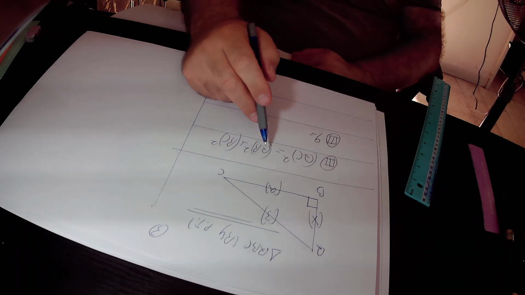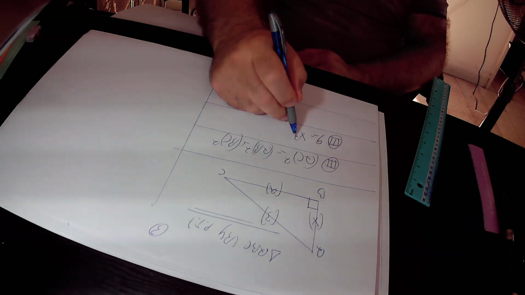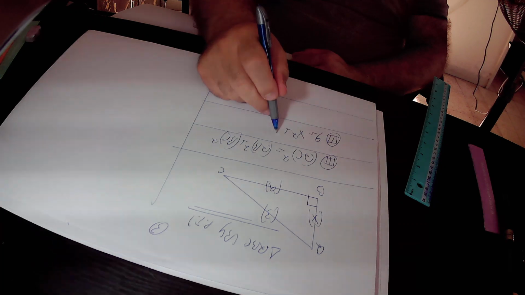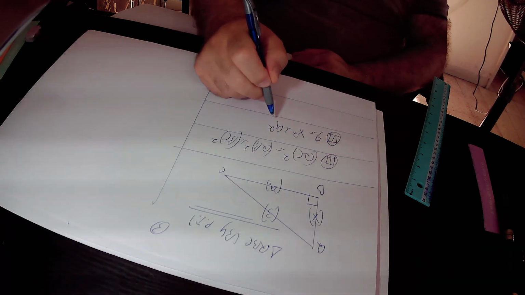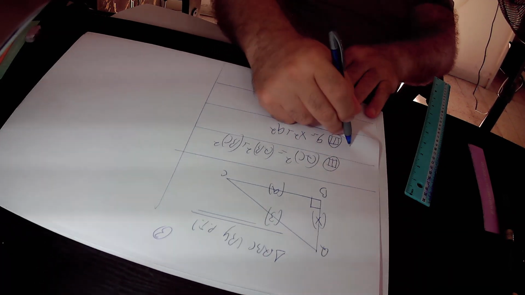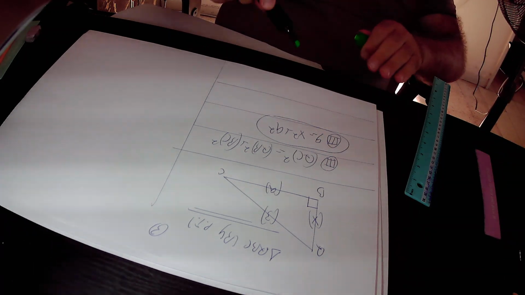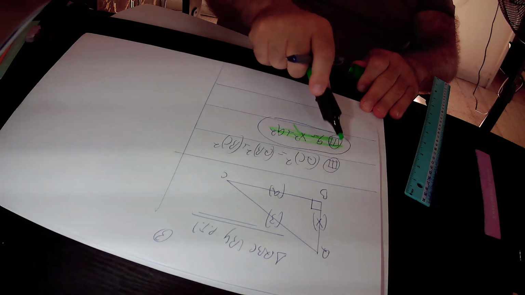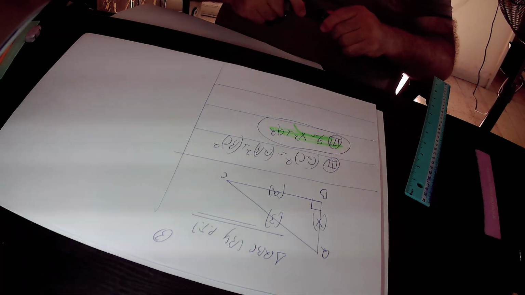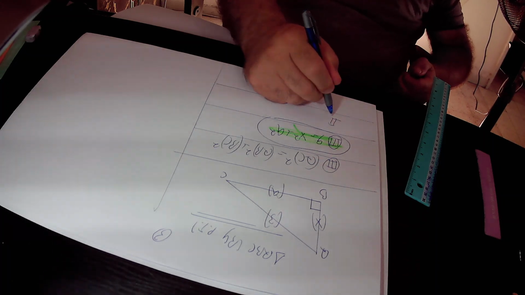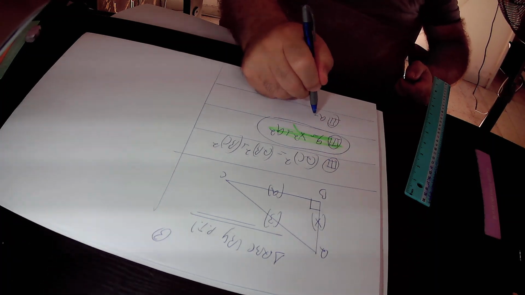QB is x, therefore QB squared is x squared, plus BC squared. BC is a, therefore BC squared is a squared. So in total, according to equation 3, x squared plus a squared equals 9. While according to equation 2, I found out that a equals 3x.